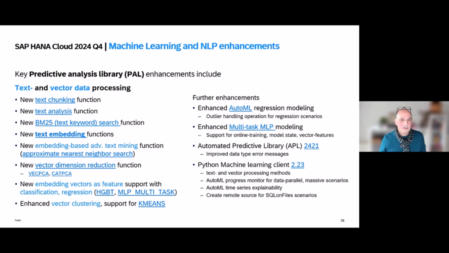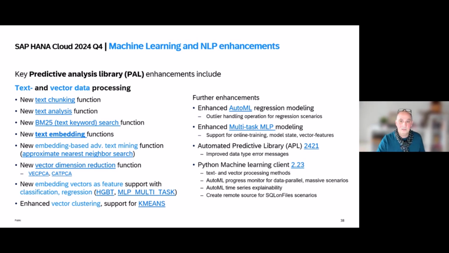There are also further enhancements in the machine learning area. Our AutoML functions are enhanced with an outlier operator for regression scenarios, and then also our multi-label, multi-target neural network, called multitask NLP, now supports training on new data and model state for faster inferences.